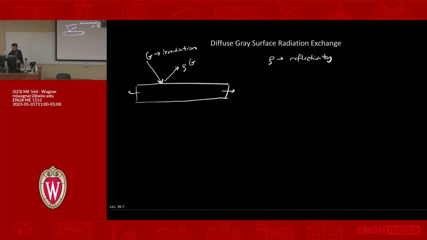Okay, again, we're talking about diffuse hemispherical properties here. So reflectivity, and then one other thing that could happen is light comes in and is actually absorbed by that surface. So that would be characterized by the absorptivity, alpha times G. So alpha is our absorptivity.